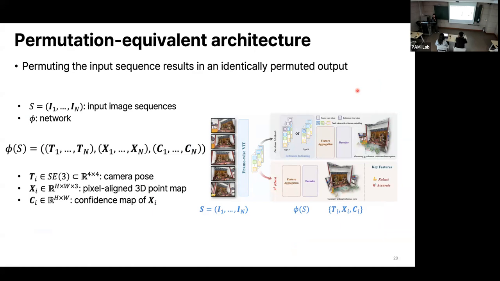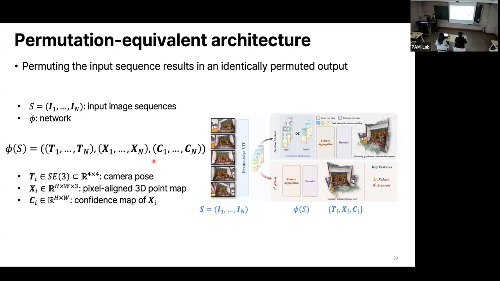First I want to introduce the permutation-equivalent property. I think most of you are already familiar with this property, but it is a core idea of this pipeline, so I want to explain. S denotes some input image sequence, and pi is the network. This is just an equation for the network input, and the output is a set of the camera pose, point map, and the confidence map.